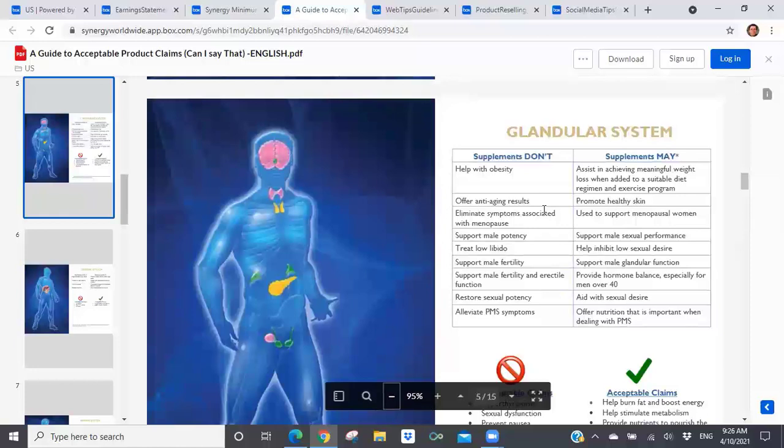Again, there's a whole bunch of things, supports male potency. I mean, it's a big issue with regards to men and ED issues. So again, it supports male sexual performance. And if you're dealing with a man who has an ED problem or erectile dysfunction problem, my suggestion is, again, talk in terms of nitric oxide therapy.